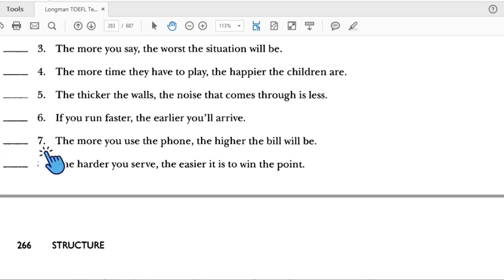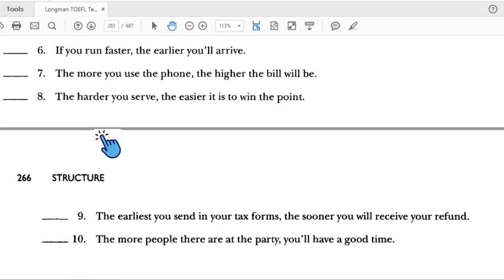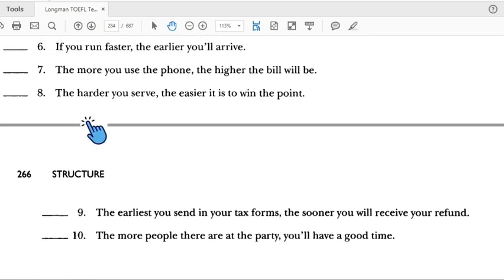Number seven: "The more you use the phone, the higher the bill will be." This one is a comparison, with subject and verb. Number eight: "The harder you serve, the easier it is to win points." Subject, verb, and it's a comparison. So number eight is correct, and number seven too. Number nine: "The earliest you send in your forms, the sooner you will receive the refund."